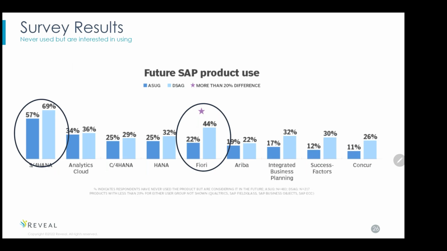And this is a lovely, interesting little survey that I found from the American SAP user group and from our colleagues over in Europe, the German-speaking SAP user group side of the world. Two of the biggest perceived benefits, for people that have never used it but are interested in using it, are around the S/4HANA suite.